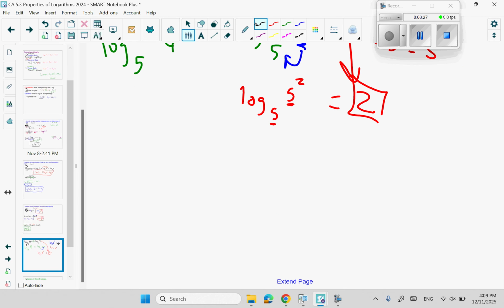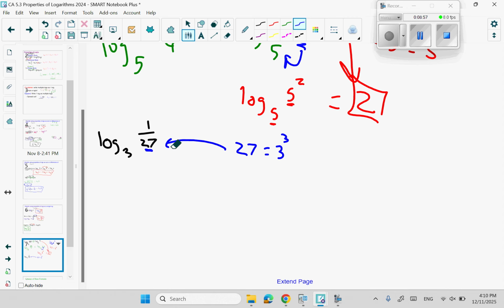Well, let's try something a little bit different. Let's try log base 3 of 1 over 27. Now, even though it's a fraction, 1 over 27, it doesn't matter too much because we can all agree 27 is just 3 cubed. However, this 27 is in the denominator.